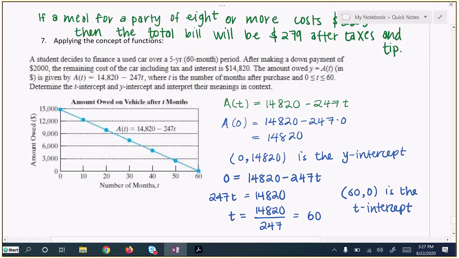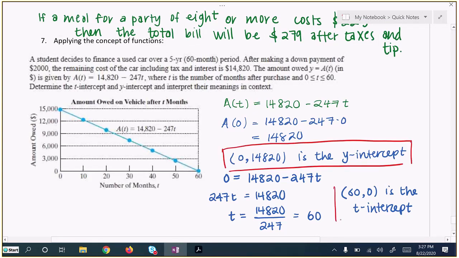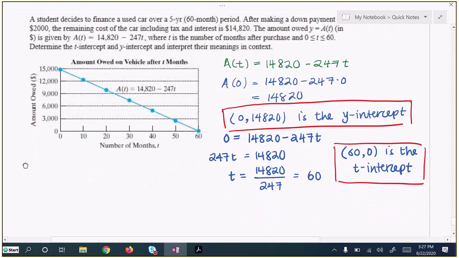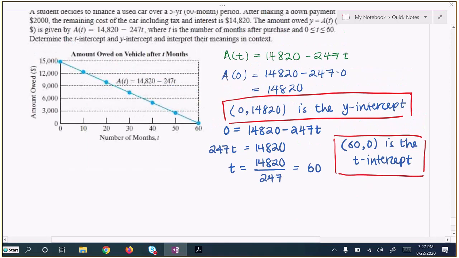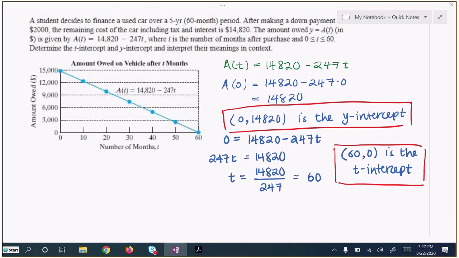Okay, good so far. Now, the question has asked us to interpret these intercepts in the context of the problem. So again, we're going to try to write a full sentence explaining what this means. So we're told that this function A of t gives you the amount of money you owe on your car loan after t months.